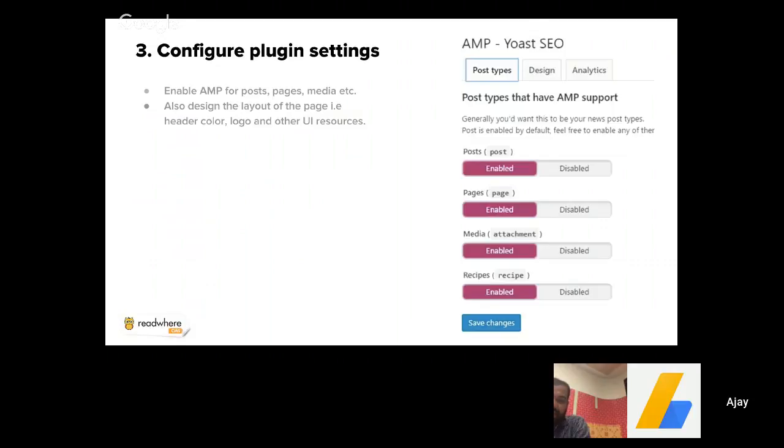You can enable your posts, pages, media, and different content types you have, such as recipes or entertainment, and convert them into AMP from here as well. You can make a whole page AMP compatible. Let's say you have a home page which consists of a number of posts and you want to make it compatible; you can do that from this plugin.